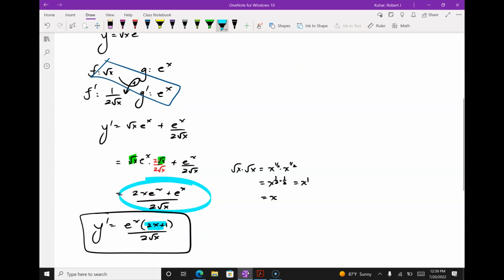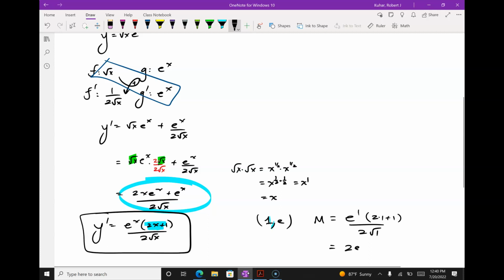So if I'm looking at my derivative, right? I have 1 comma e as my point, right? And my slope is what? E to the 1 times 2 times 1 plus 1 all over 2 square roots of 1.